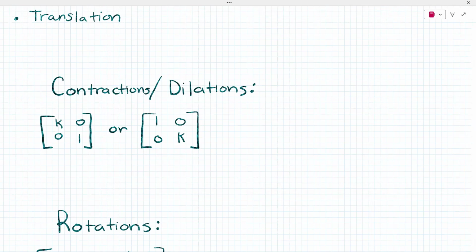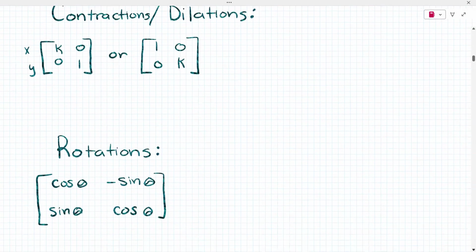It probably doesn't all make sense, but when I do an example, you'll see. For a dilation, you would set it up as the matrix 1, 0, 0, K. And how do I know this is an XY? Because this is your X, this is your Y. So we're still technically in 2D, and yes, we can go 3D if we want.